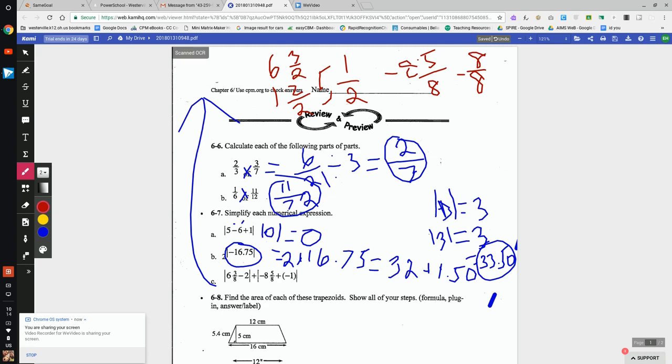Again, I can't take 5/8 from 8/8, so I'm going to borrow from here and make this a 7. I'll add 8 to my 5, so 8, 9, 10, 11, 12, 13/8. So then I have 7 I can bring down, and I have my 13 minus 8, which is 5/8.